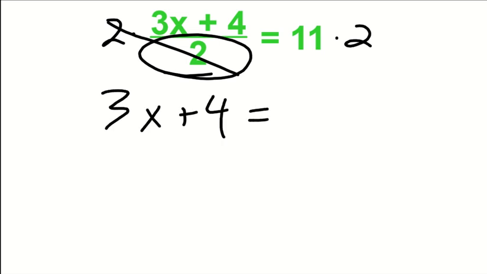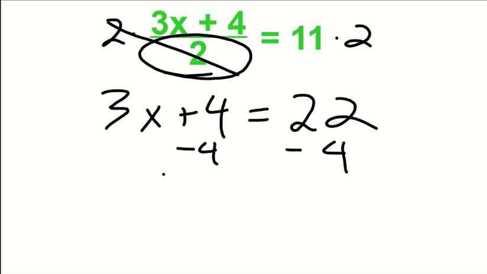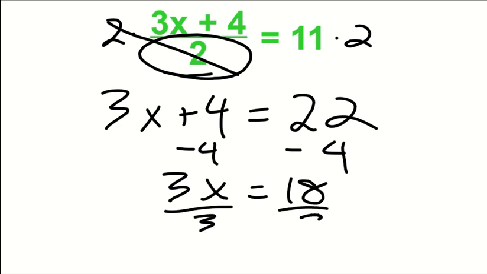And then I got 11 times 2, that's 22. That's an equation we can do then, isn't it? We subtract 4 from each side. So we get 3x equals 18. We divide by 3. And we get x equals 6.